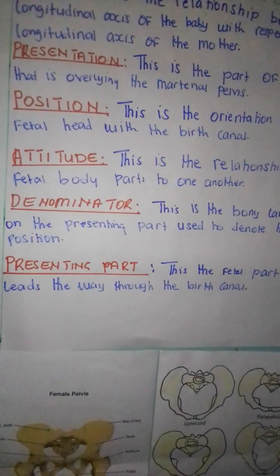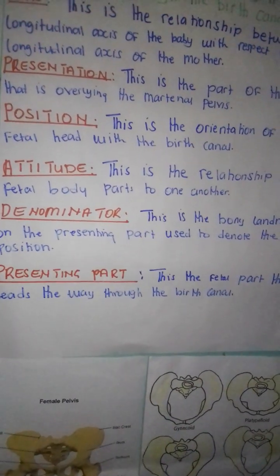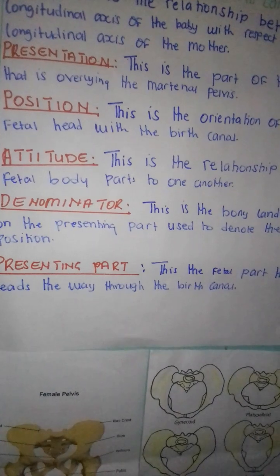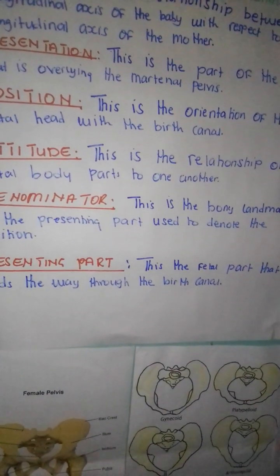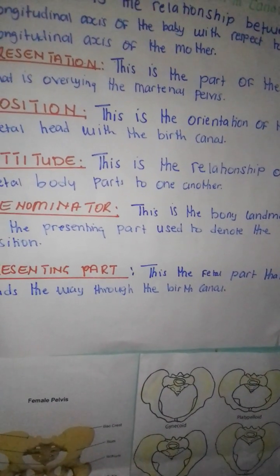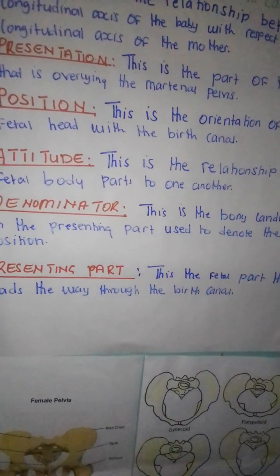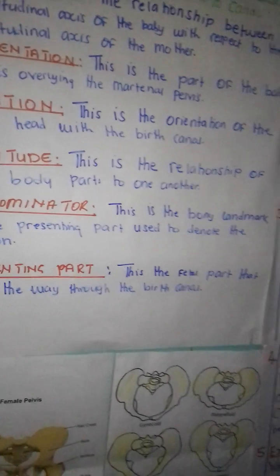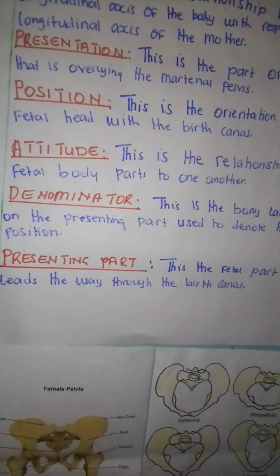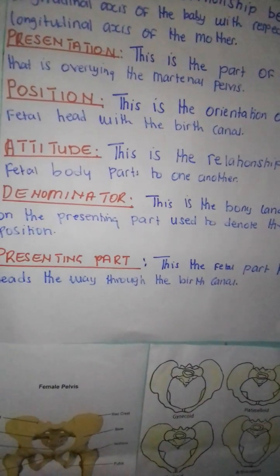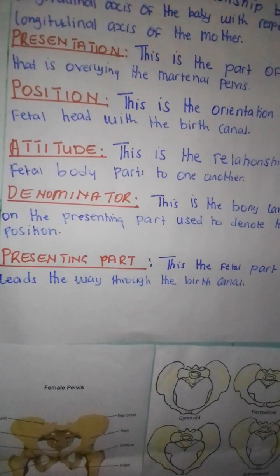Attitude. What is attitude? Attitude is the relationship of the fetal body parts to one another. Denominator. The denominator is the bony landmark on the presenting part used to denote the position.